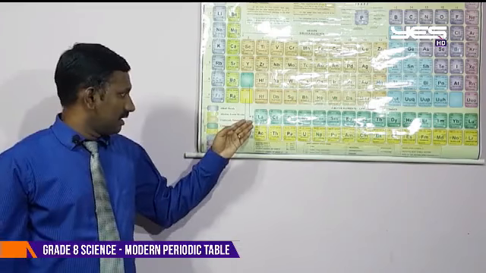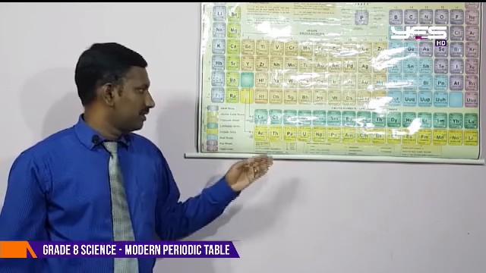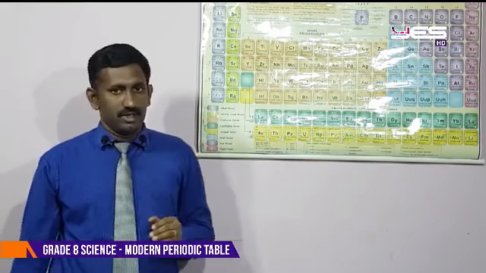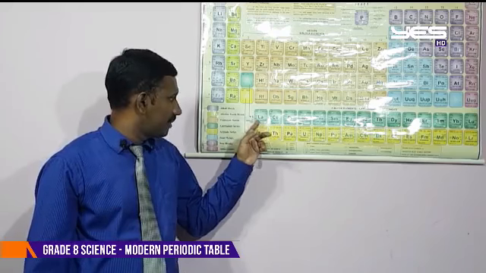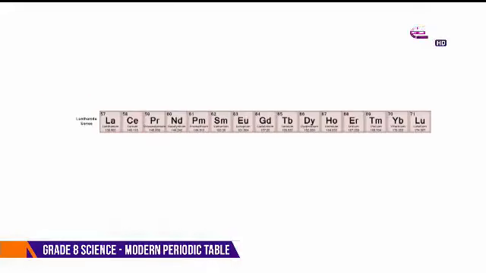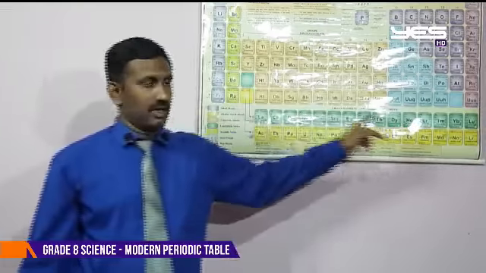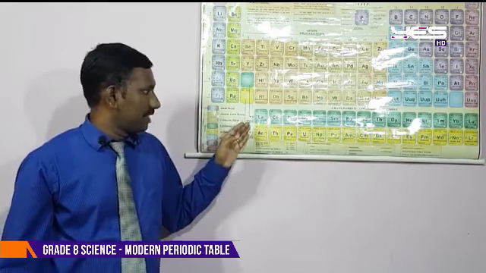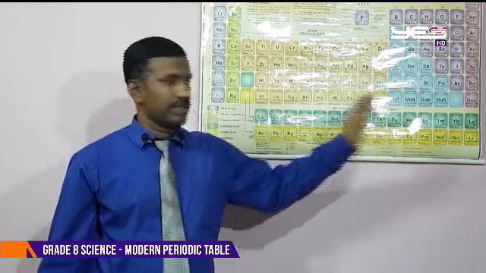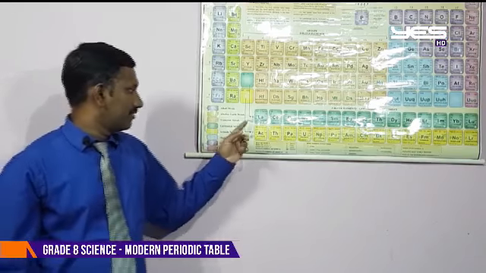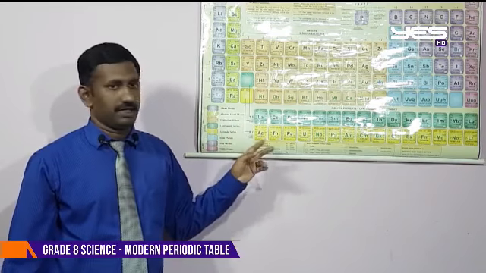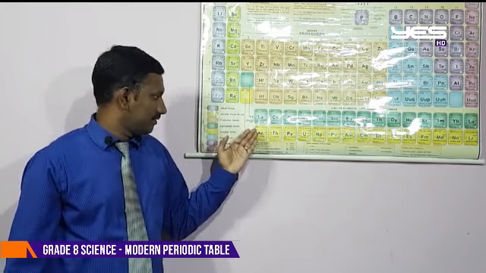Okay, then in the f block also there are two rows. The first row which starts from La, lanthanum, ends with lutetium. So the elements from lanthanum to lutetium in the periodic table are known as lanthanide series or lanthanides.